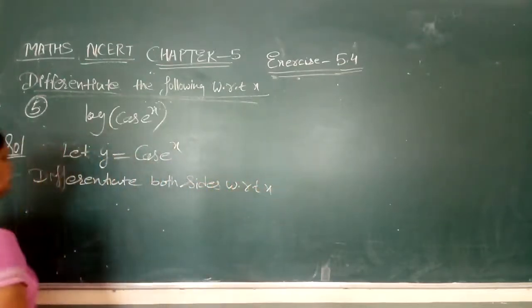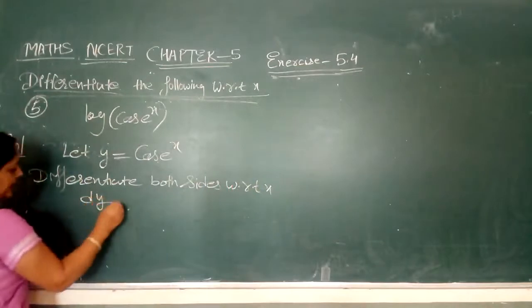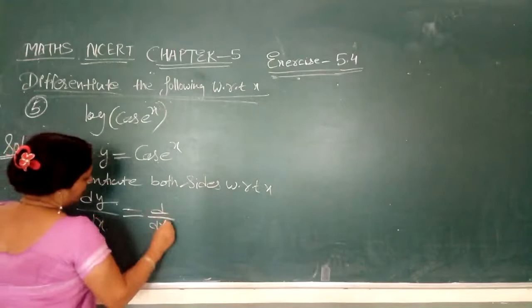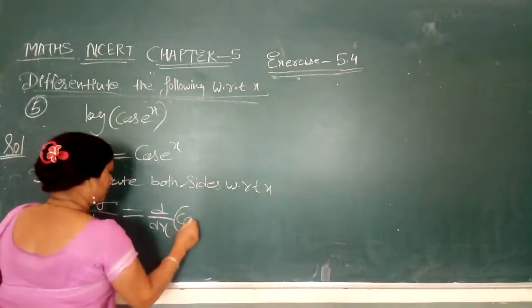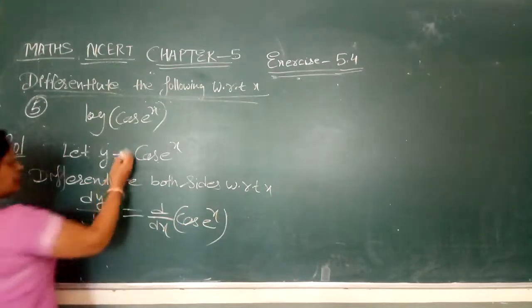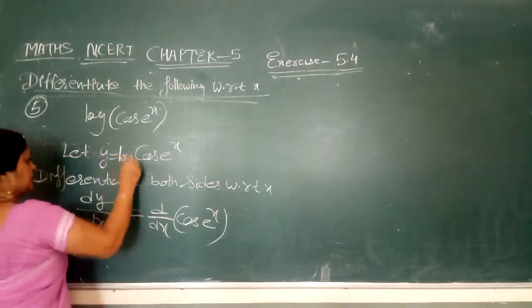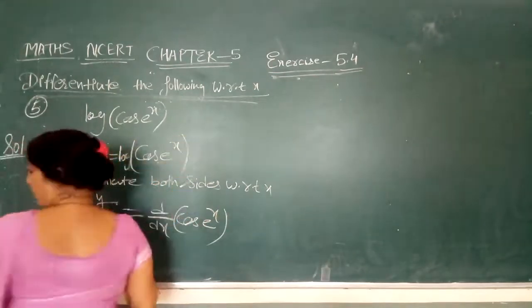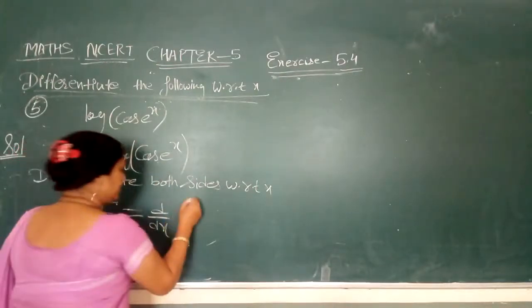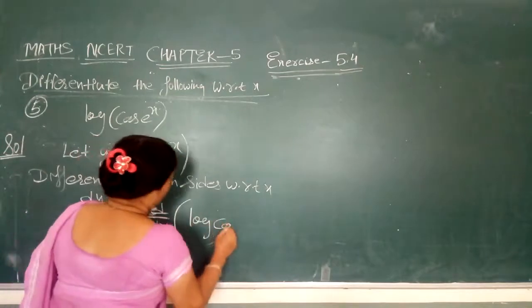So it will come dy upon dx equal to the derivative of log of cos e raised to power x. Sorry, log is also there. y equal to log of this. This is the question, log of cos e raised to power x.